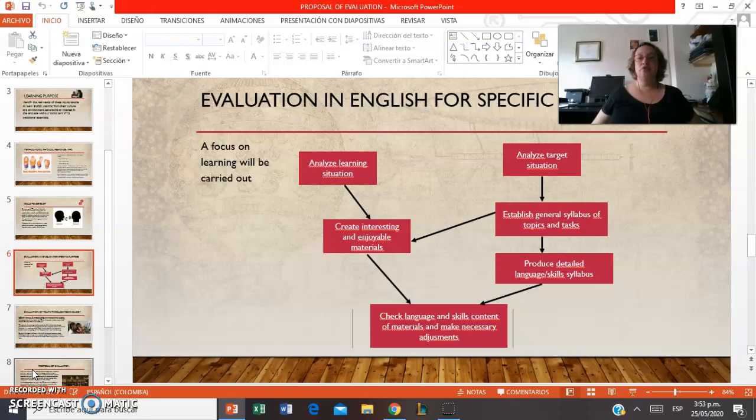Establish a general syllabus of topics and texts and produce a detailed language skill syllabus. In this part, for the TPR method, they listen and then they speak. Change language and still content on materials and make necessary adjustments. This evaluation for English for a specific purpose is very interesting because it advances with the group learning English according to learning in the world.